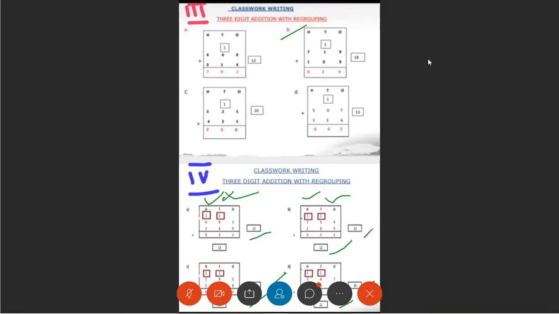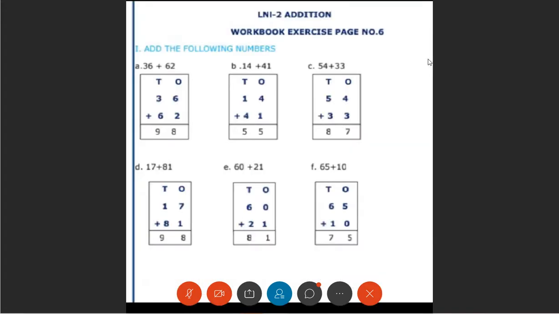Write neatly. And already you have completed the workbook exercise, I hope so. Those who are not having it, we are going to send workbook page number 6. You are going to receive it with answers. Okay, you can check your answers.